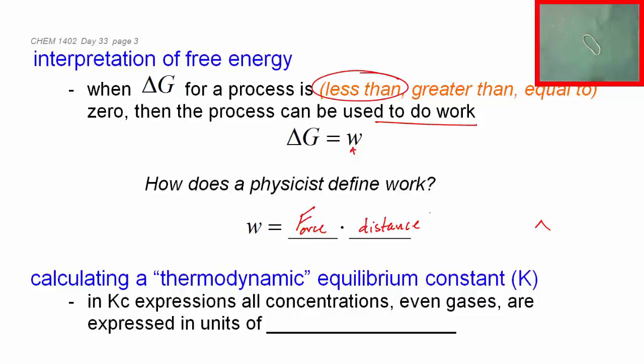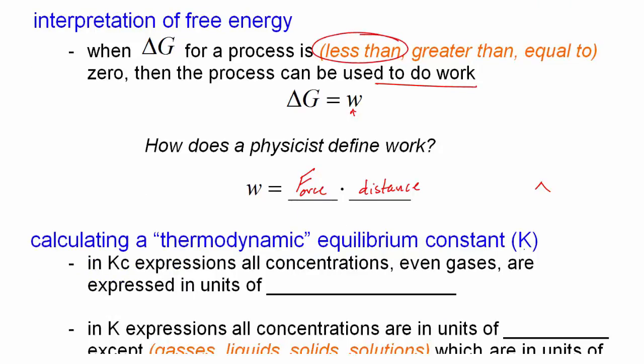Calculating a thermodynamic equilibrium constant. So notice, look at this difference. K, before we had Kc. In Kc expressions, all concentrations, even gases, are expressed in units of big M. Now with a thermodynamic equilibrium constant, they have different rules.